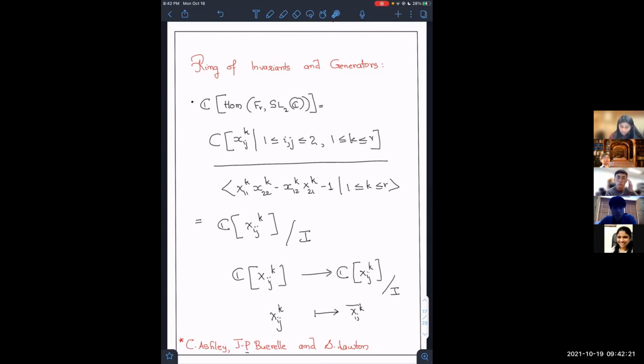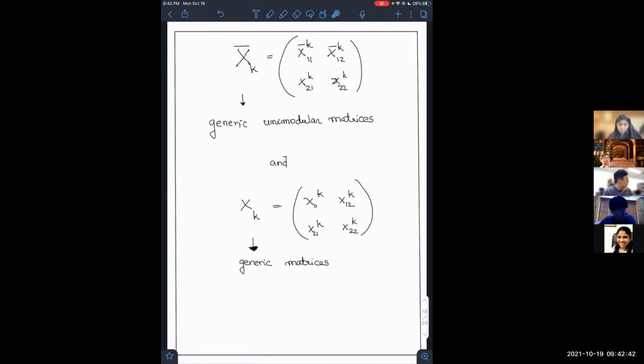Let's look at this. If x_ij superscript k is an element in the polynomial ring, we denote its projection to the quotient ring with a bar on top.